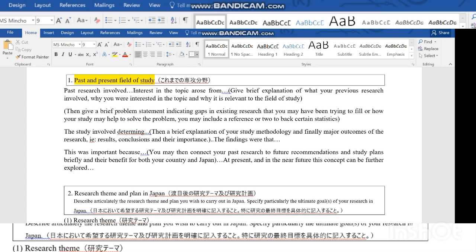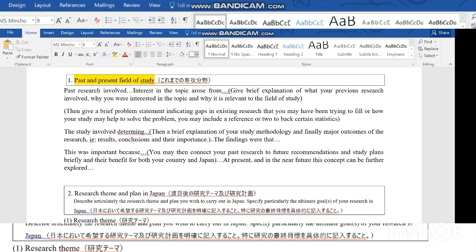So in the next paragraph, I recommend that you talk about, so let's just read this. Then give a brief problem statement indicating gaps in existing research that you may have been trying to fill, or how your study may help to solve the problem. You may include a reference or two to back certain statistics.